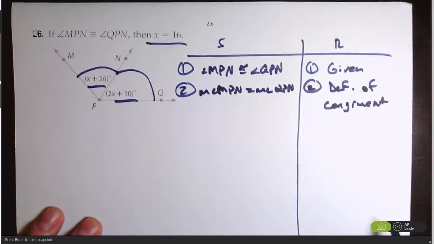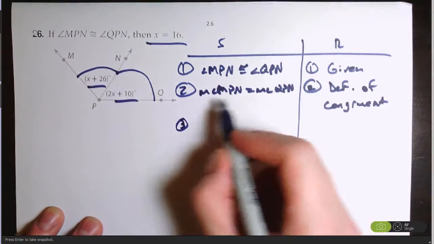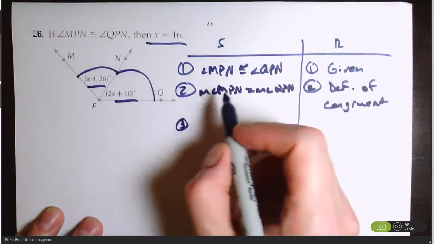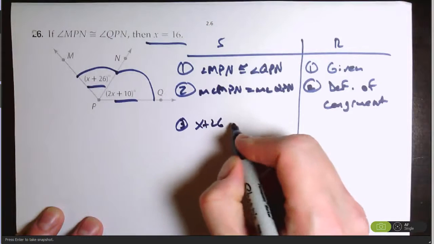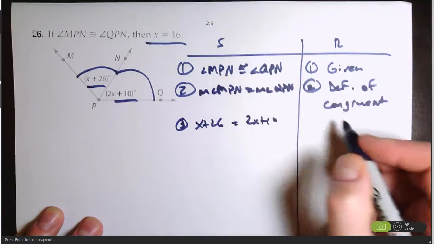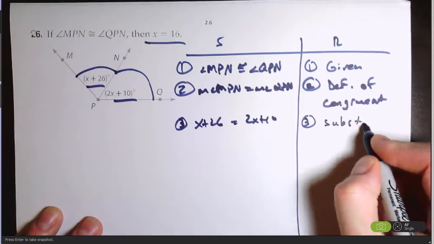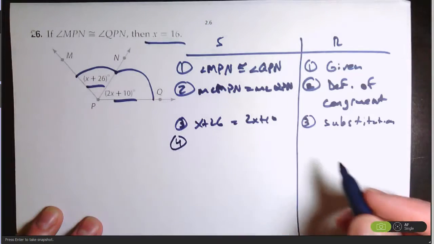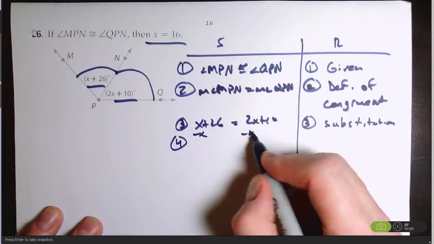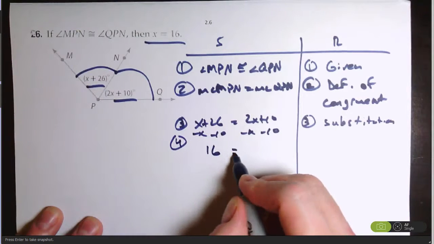And then step 3, now that I know those are equal, I can replace what they're equal to on both sides. So x plus 26 equals 2x plus 10. That is substitution. And then step 4, subtraction. You get 16 equals x.